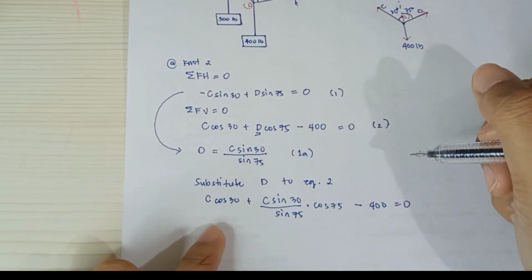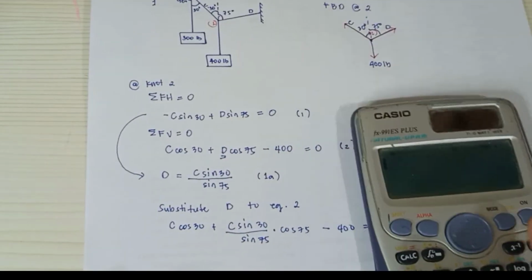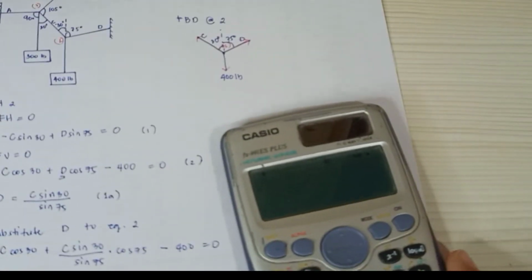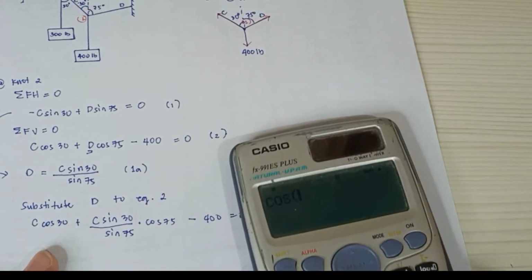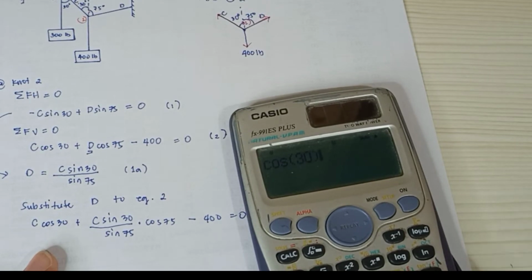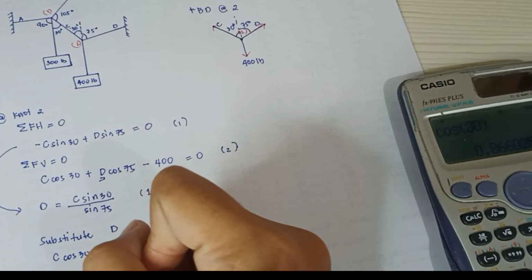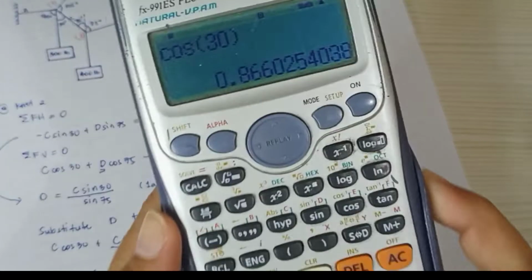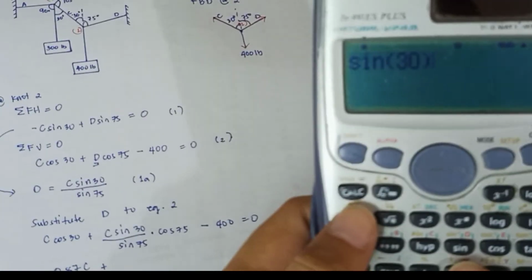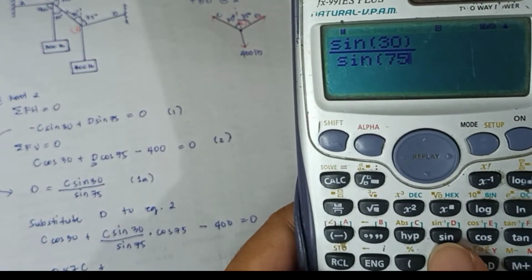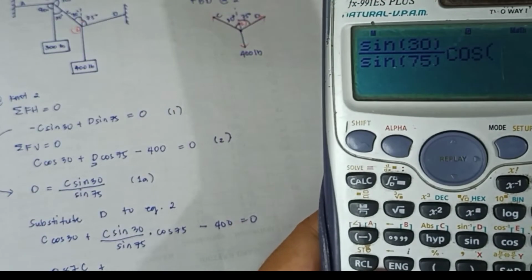Okay, so kunin natin yung mga values ng cosine 30, sine 30, sine 75. So, using our calculator, kunin natin in decimal, cosine 30 is equal to 0.87. 0.87C plus yung sine 30 divided by sine 75. Minsanan na lang natin siyang i-convert into decimal yung mga angles na to.